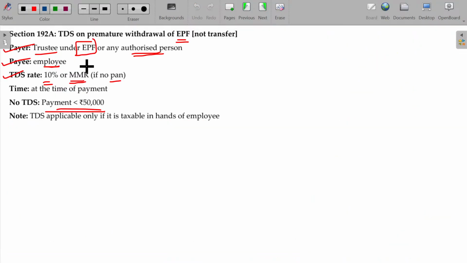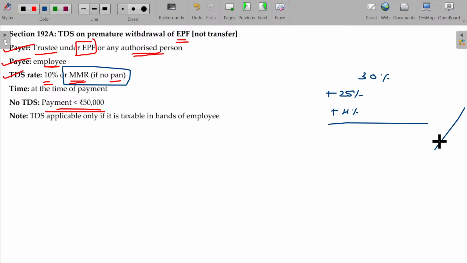Now, if PAN is not given, MMR rate will be taken. Maximum marginal rate means 30%, add surcharge at the maximum rate, probably 25% or 37% as the case may be, and add health and education cess of 4% on this. This is called the MMR rate.